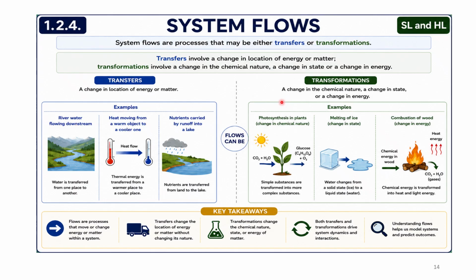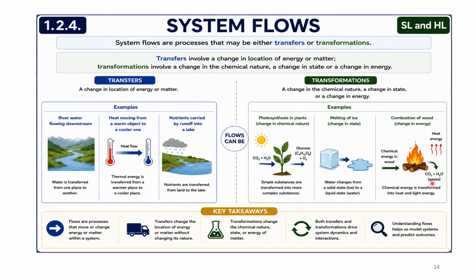Transformations, in contrast, involve a change in the chemical nature, state, or energy of matter. Photosynthesis transforms carbon dioxide and water into glucose and oxygen using solar energy. Melting ice changes water from a solid state to a liquid state. Combustion of wood transforms stored chemical energy into heat and light energy while producing carbon dioxide and water vapor.